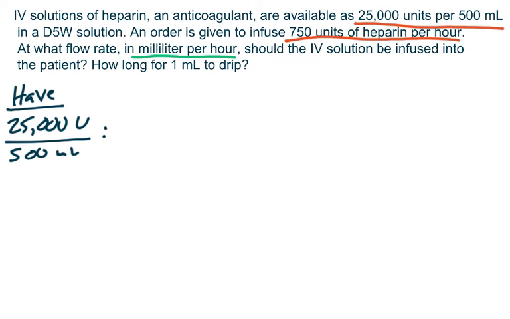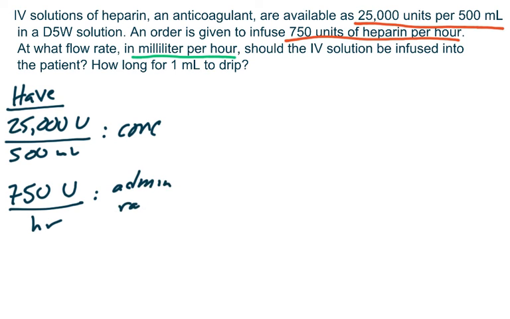That would be the concentration, right? We also have the administration rate, 750 units per hour. And then we're looking to find the flow rate, right? Milliliters per hour.